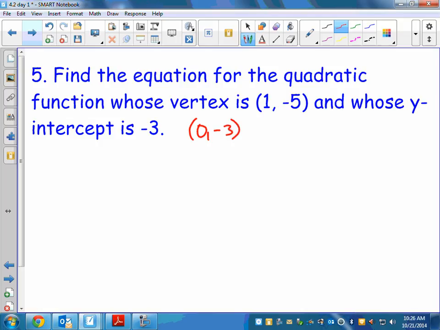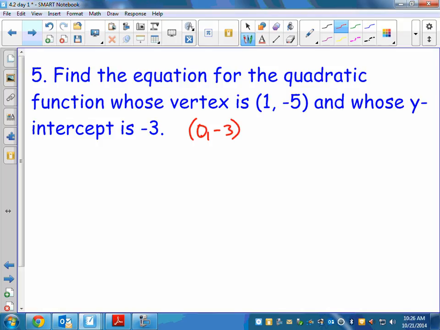Let me show you a shortcut. How far away is this x value from this x value? 1. Normally on a parabola, if we go over 1, how much do we move on the y-axis? Up 1, right?